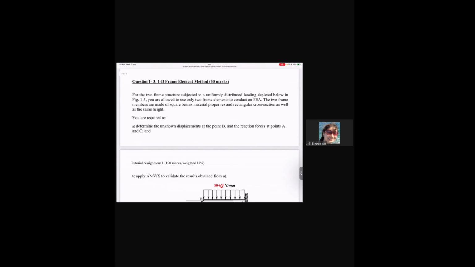And the third question is about the frame problem or the beam problem, which is quite similar to what we have practiced today. When you solve your tutorial questions, I hope you can use the same format like we practiced today. You create a table for nodes and then a table for elements, and then you calculate the stiffness matrix for each of the elements and show me how you assemble it, and then what's the final solution.